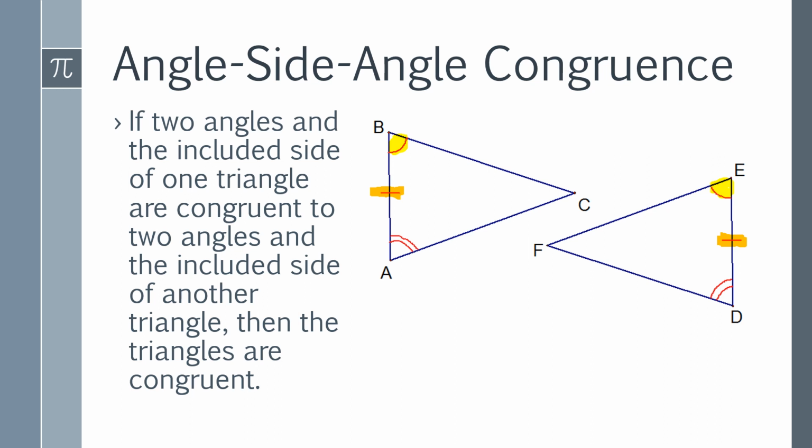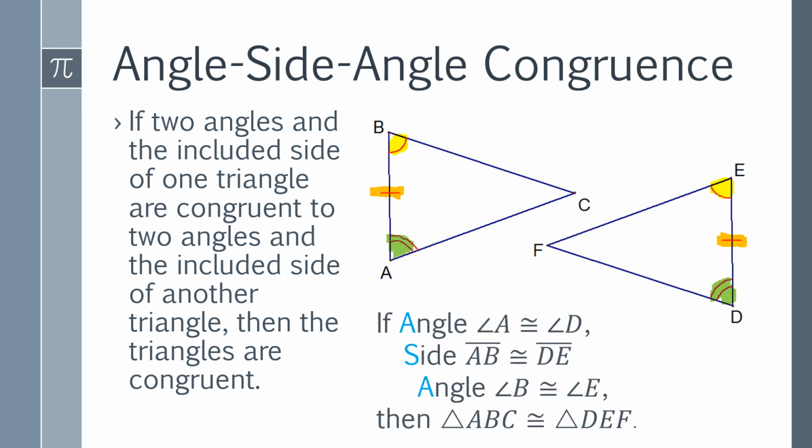And then I have this angle here congruent to this one here. Okay, so angle, side, and then an angle. So in this case, if angle A and angle D, segment AB congruent to segment DE, and angle B congruent to angle E, then triangle ABC is congruent to triangle DEF.